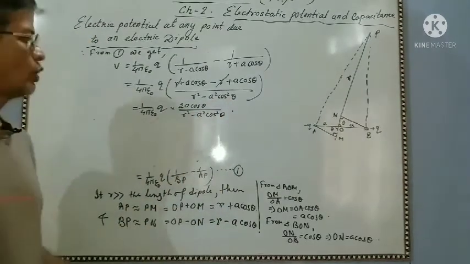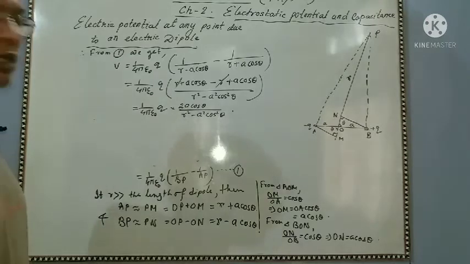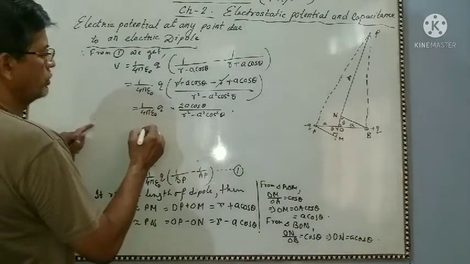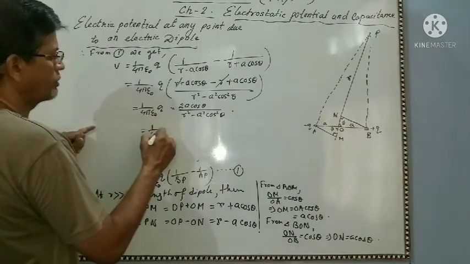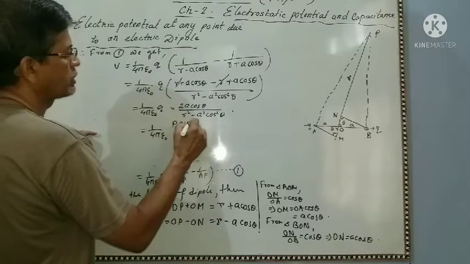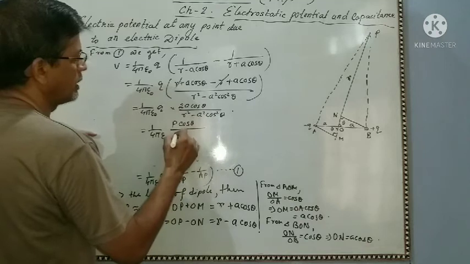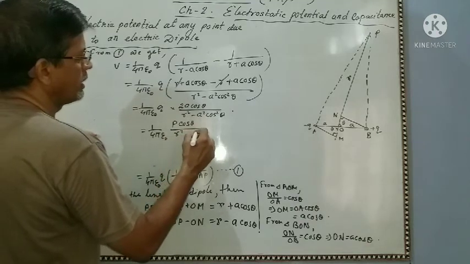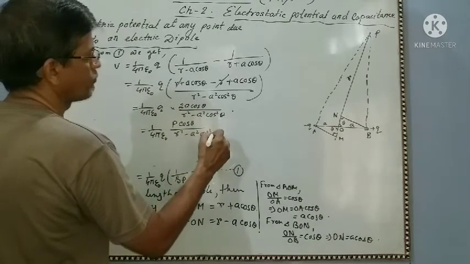Now you see, 2aq equals p, the electric dipole moment. So V equals 1 by 4 pi epsilon naught p cos theta by r square minus a square cos square theta.